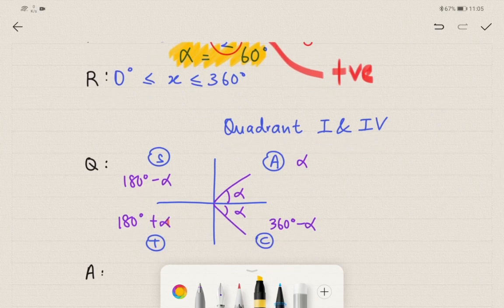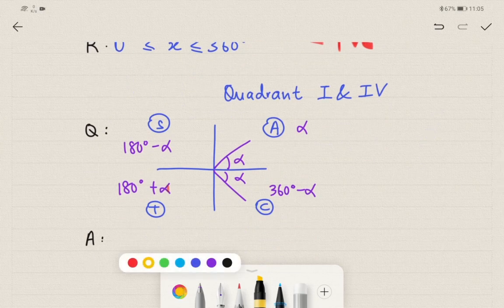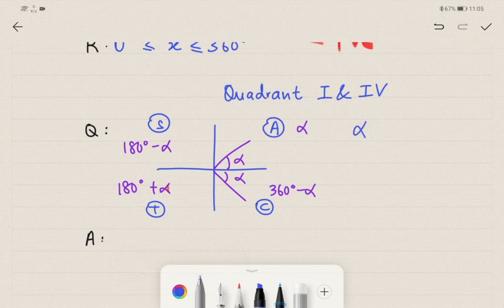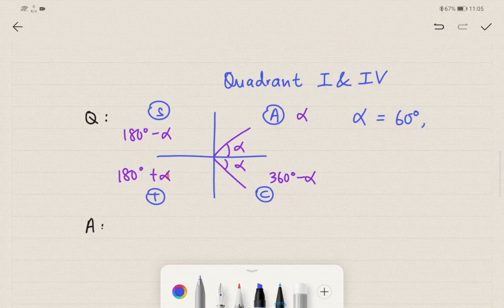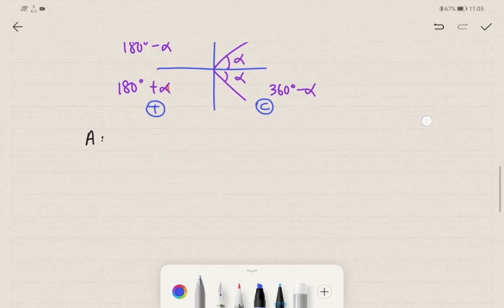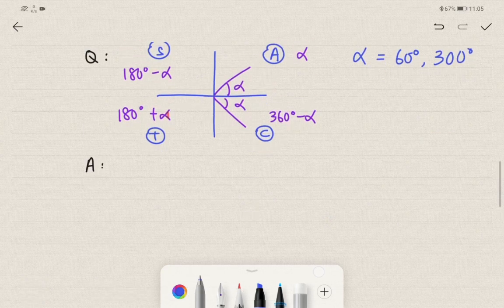So here it is located at the first quadrant and the fourth quadrant, and thus your alpha is just 60 degrees, and then 360 degrees minus 60 degrees. We don't need to write out this step, we can just write 300. Okay, not yet done, because alpha is not necessarily equal to x.